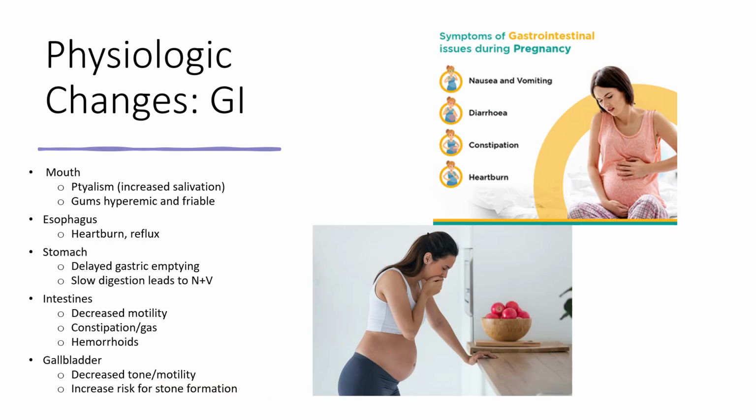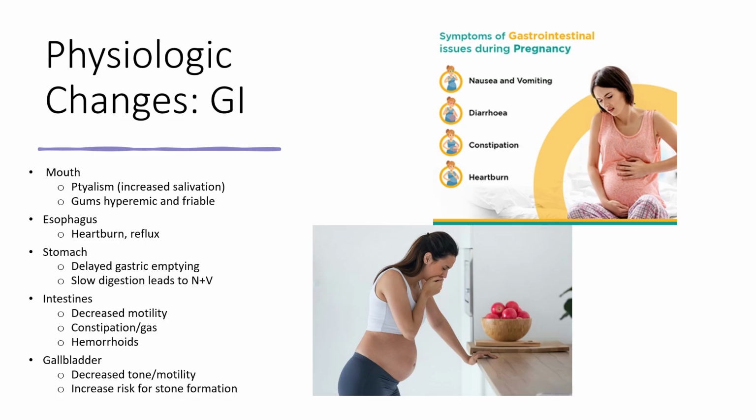All right, let's talk about the GI changes that we have not talked about. As the baby is growing in utero, it definitely affects a lot of the GI symptoms that the patient may be experiencing.